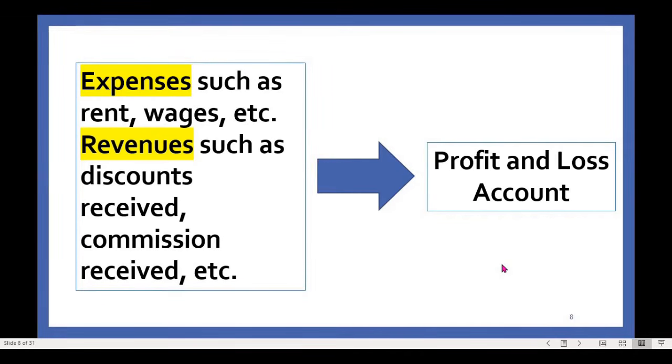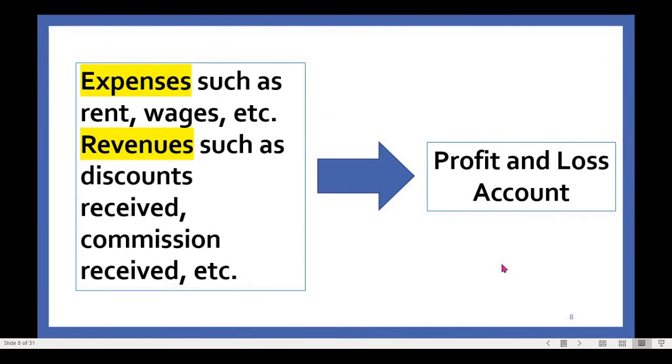Expenses include wages, rent paid, insurance, motor vehicle repairs, motor vehicle expenses, or loan interest.